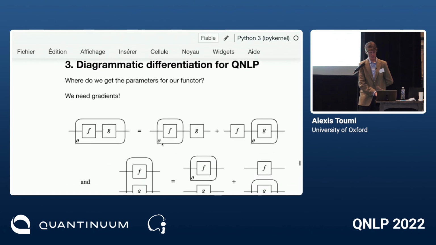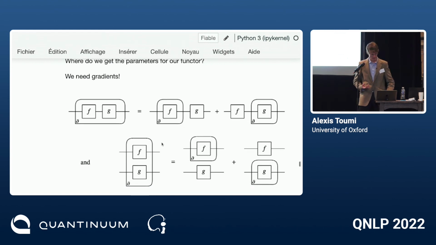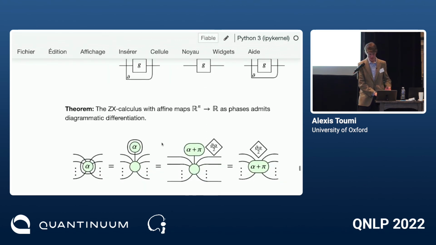So, last bit of the talk, we have functors for QNLP. They come with parameters, and we'd like to find the optimal parameters for some task. And well, we need gradients. So with Richie and Giovanni, we came up with this diagrammatic differentiation where you can differentiate any diagram, and it obeys very simple rules like the product rule for composition and for tensor.